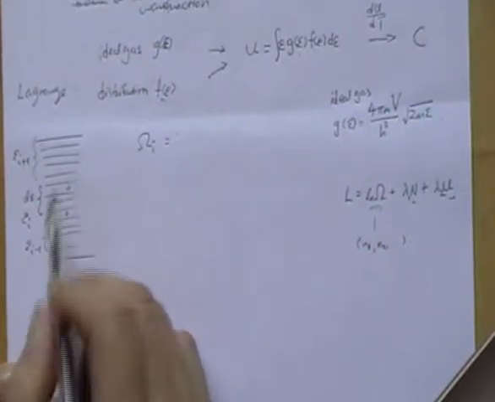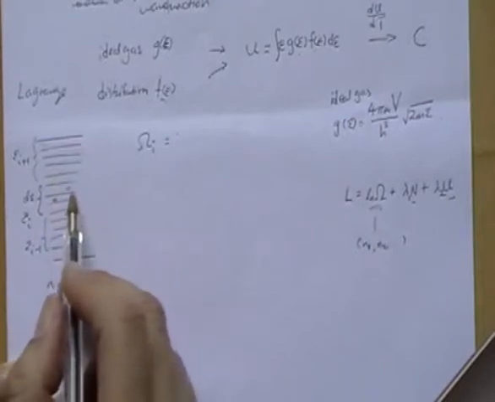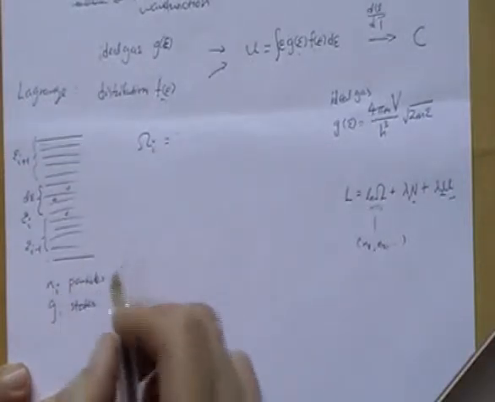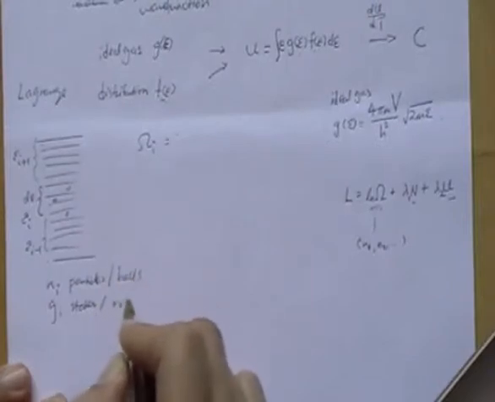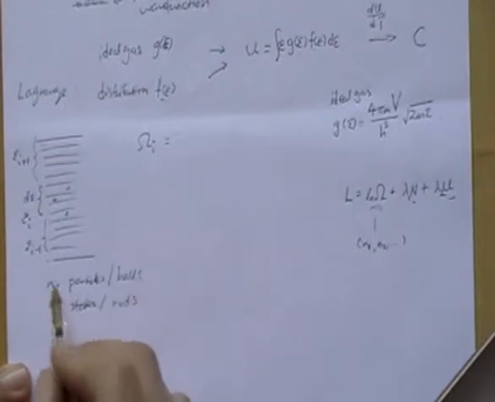We are free to arrange them any way we like along this column. So we have this number of particles which are identical, this number of states. Let's think about it as Ni balls and Gi rods. So how many ways can we arrange these two numbers of identical objects?